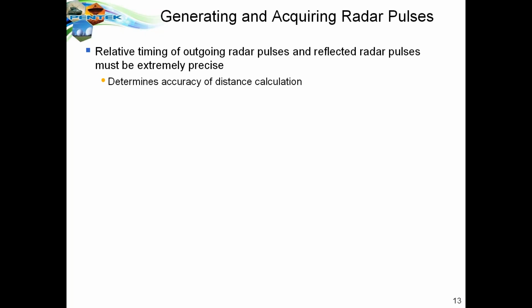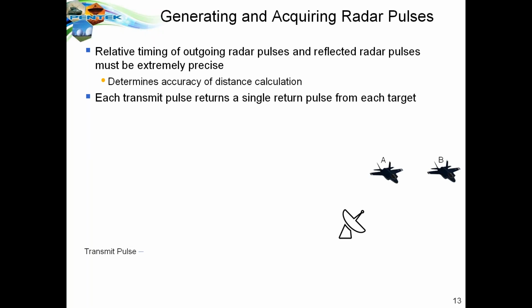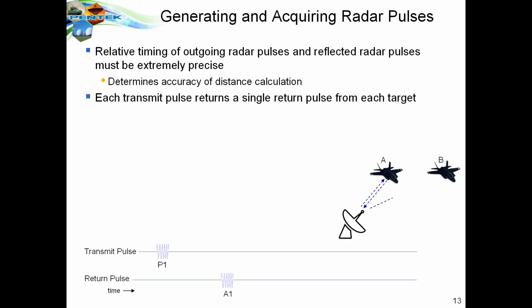Let's take a little closer look at how you generate and acquire radar pulses and then what you do with them. The relative timing of the outgoing pulses and the reflected radar pulses must be extremely precise. Ultimately, this determines the accuracy of your distance calculation. So imagine we have a radar system and we transmit a pulse P1 which gets sent up to target A and which returns a return pulse at time A1.